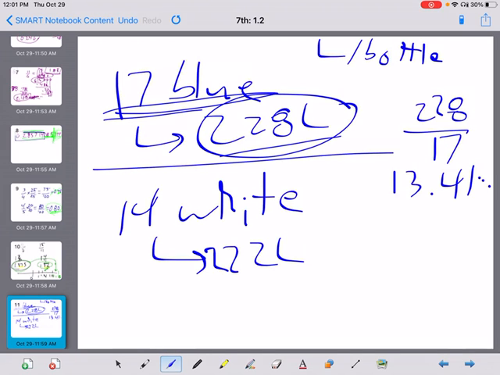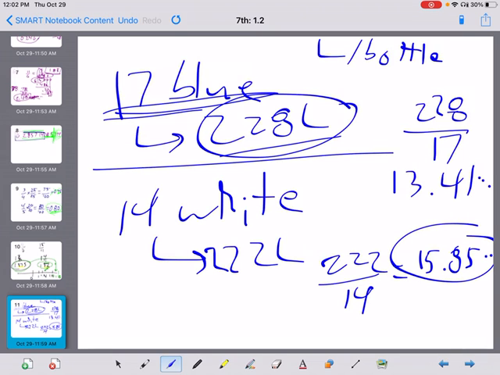And then this one, we get 222 over 14. Oh, sorry, I just did the wrong thing. I did 22 divided by 14. That's going to give you 15.85, and it's going to keep on going here. But either way, you know this one is bigger.